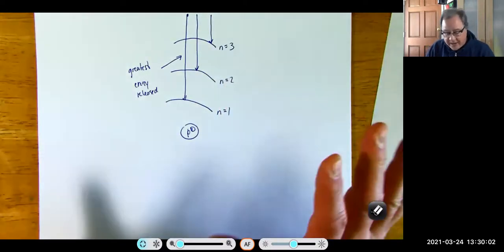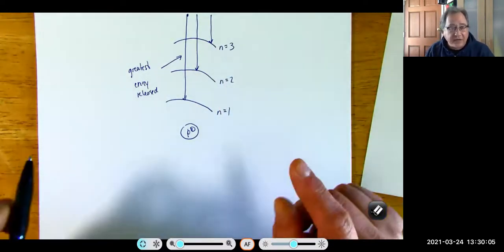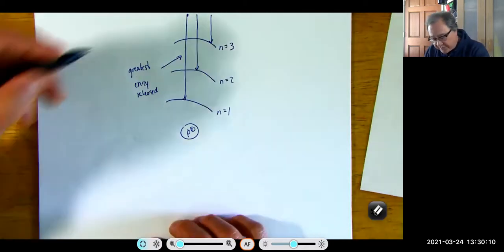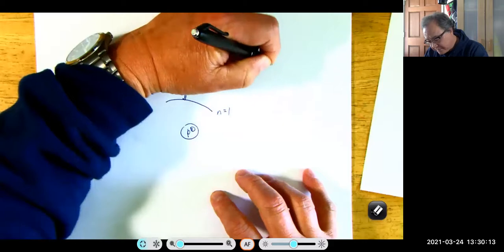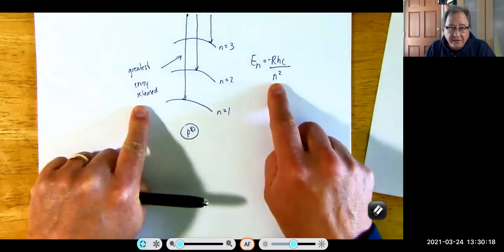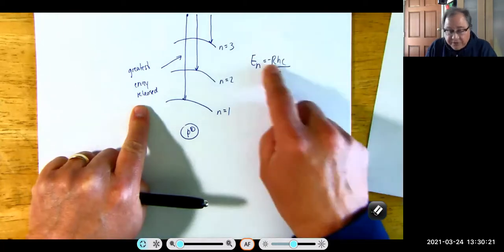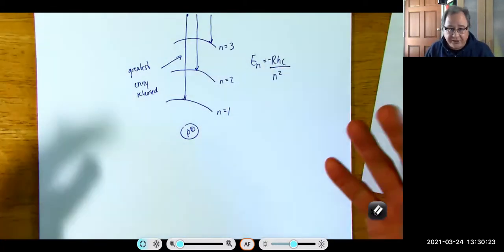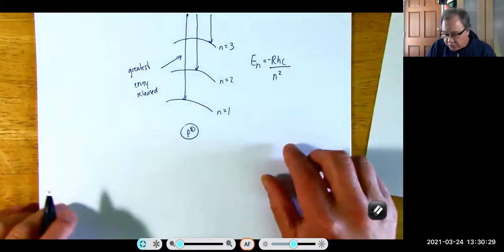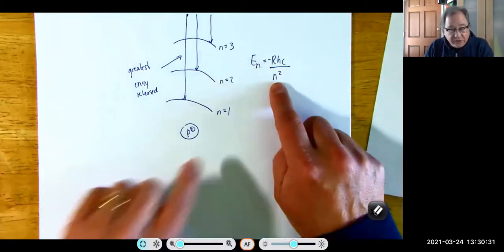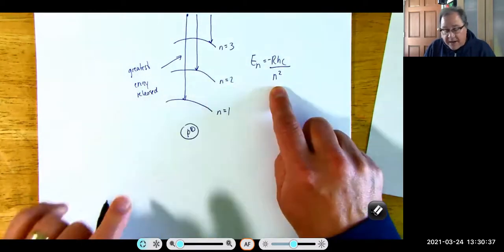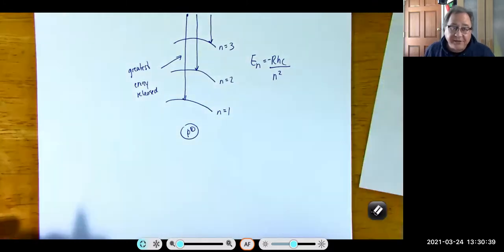So the point here is that we have different energies for the electron based on which orbit it ends up in. And if you look at that equation again, we can see that when we plug a 1 in here, you have this value up here, which is basically a constant. It doesn't change because R is a constant, H is a constant, and C is a constant. So when you take this value and divide by 1 squared versus 2 squared versus 3 squared, the bigger n is, the smaller this amount of energy is.